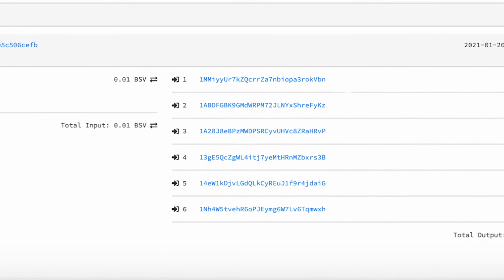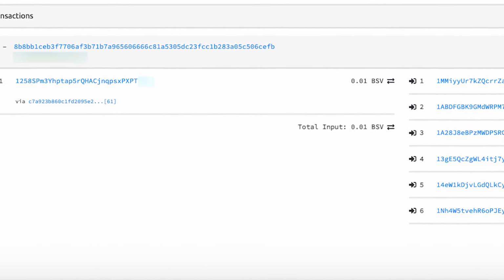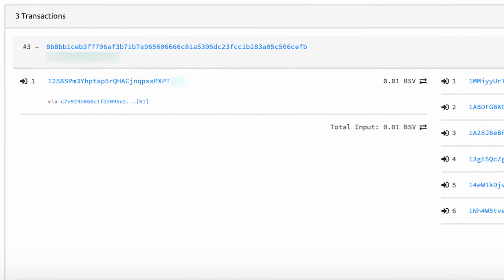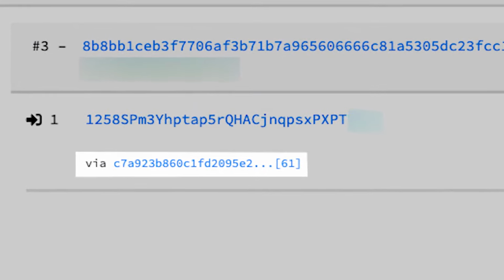And so if you're looking at the page that's open, we can see on the left-hand side, there's one input. And we actually have a value of BSV that input contains. Now, it's being presented to you as an address, but then below that, you can see via C7A92, blah, blah, blah, and then in brackets, 61.